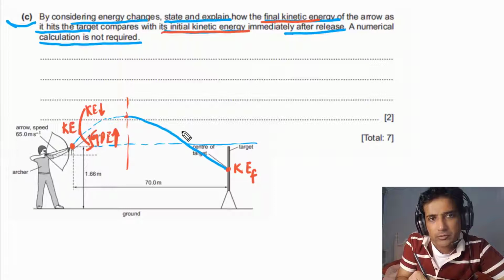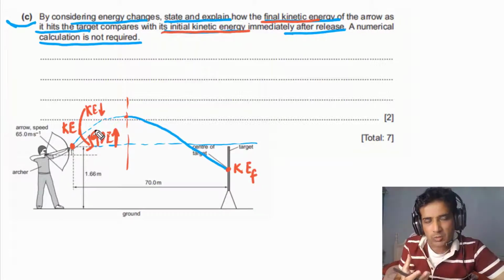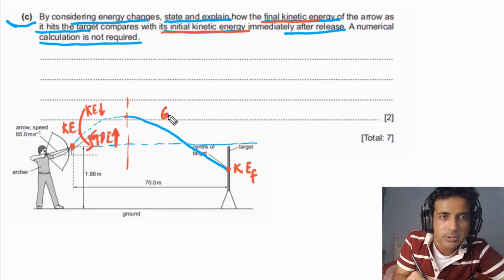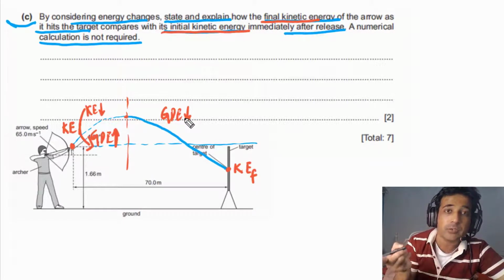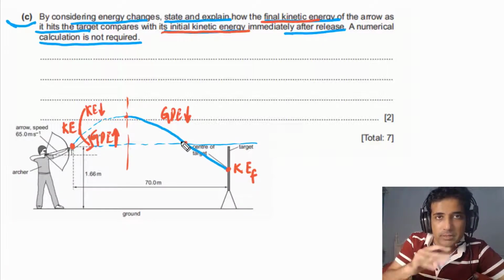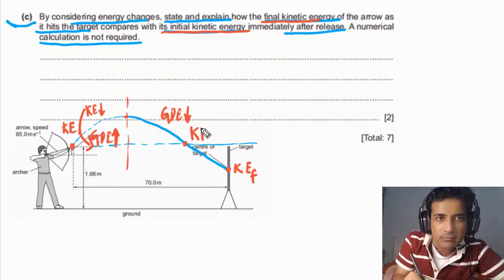But when this arrow starts moving downwards, means when it starts falling, in that case GPE will decrease and GPE will be converted back into KE. So when the arrow reaches the same level, at the same height, the kinetic energy at this point, let's say this is kinetic energy 1, will be equal to the initial kinetic energy.